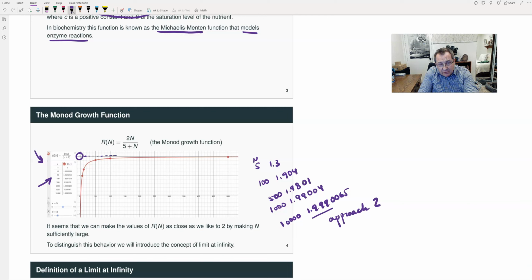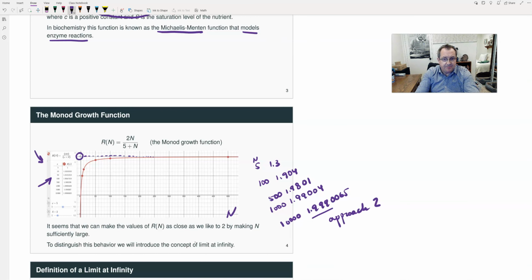So there's this value of 2, and we see that the function gets closer and closer to the value 2 as the amount of nutrient n increases. That is a reflection of something about the bacteria biology that only allows bacteria to reproduce with a certain rate, and that rate cannot be surpassed no matter how rich the environment is in nutrient.